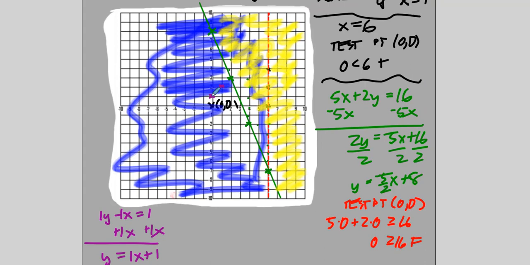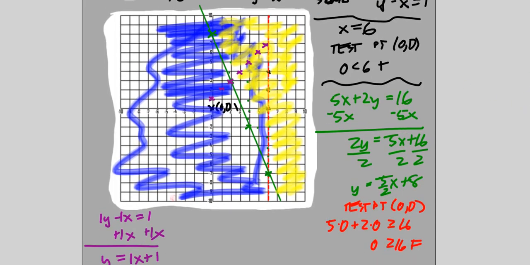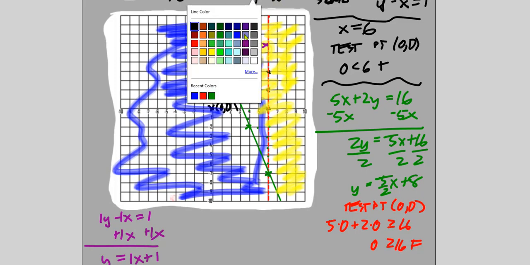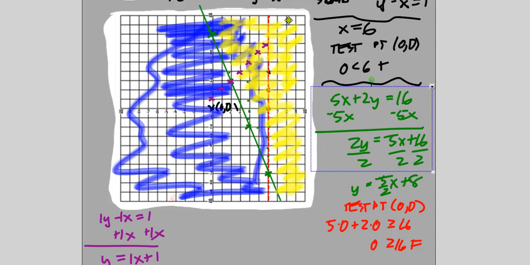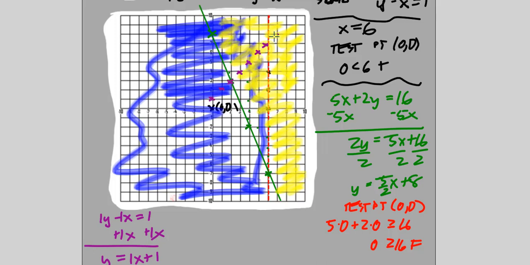The slope is 1, so over 1, up 1, over 1, up 1, etc. And that is a solid line also. Let's extend that this way.